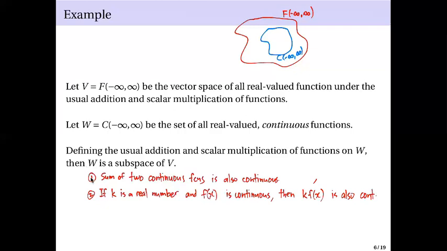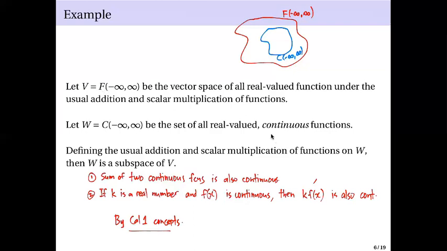So this is your statement 1. You recall from calculus 1. So these statements are all by Cal 1 concepts. So the space of continuous functions is a subspace of the space of all functions.